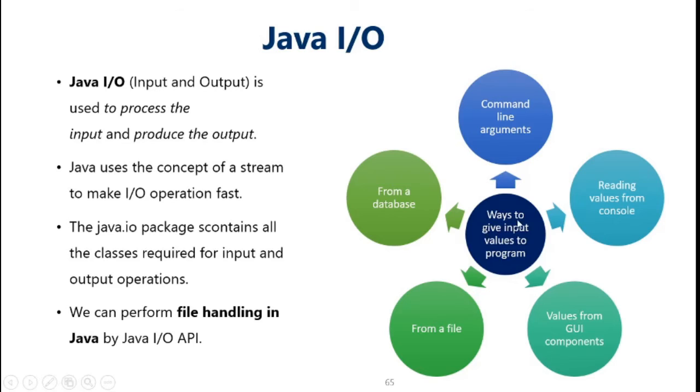So there are multiple ways to give input values to the program. What are those ways? You can make use of command line arguments. Then you can read values from the console. You can read values from GUI components. Then from a file and from a database. So these are the different ways of giving input values to the program.